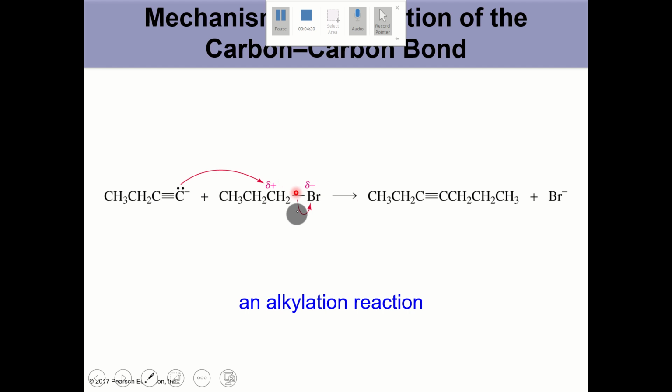The carbon to bromine bond breaks, producing a bromide ion. So bromine is what we call a good leaving group. A good leaving group is a group that is electronegative and stable as an anion. Then we have produced our final product, the 7-carbon alkyne and a bromide ion.